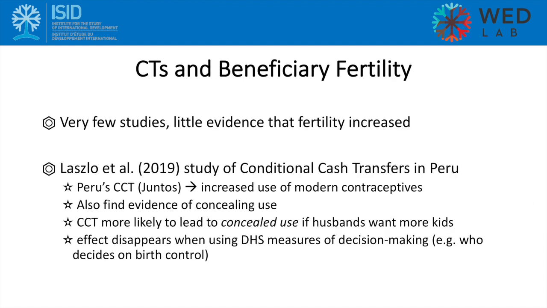I also wrote a paper with a couple of co-authors on the conditional cash transfer program in Peru. We were interested in trying to debunk something that we hear a lot anecdotally, right?